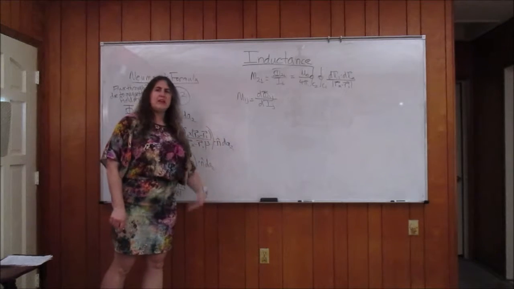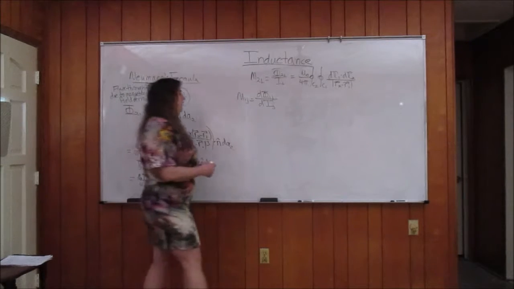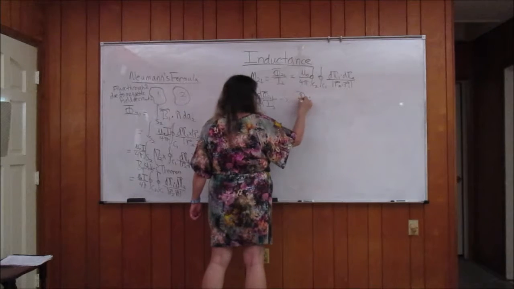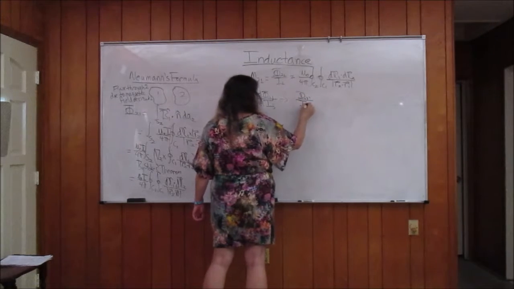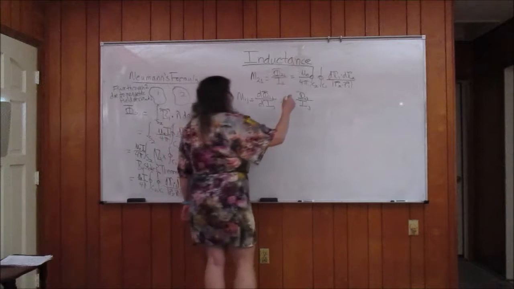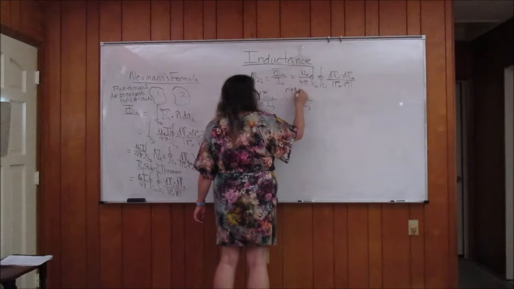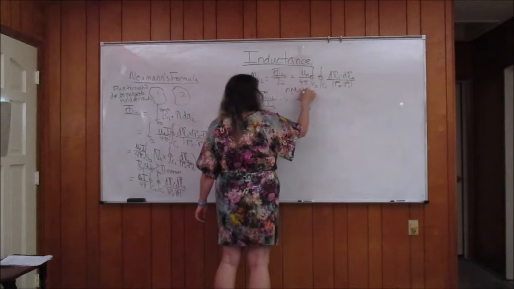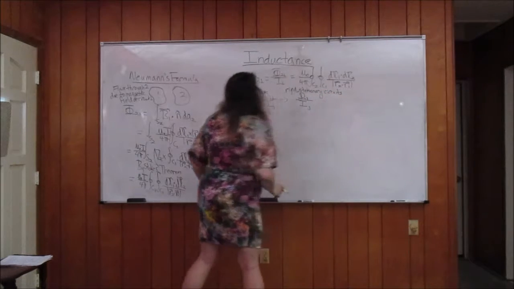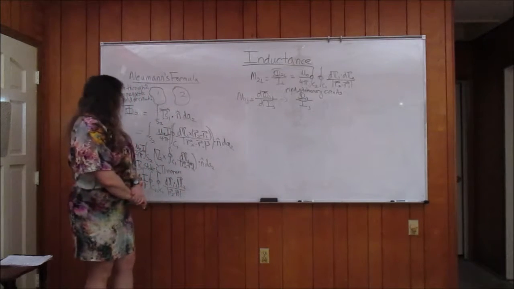If you happen to be dealing with steady currents, rigid circuits, and also we'll add the condition that it has to be in a linear medium, then this just goes over to the magnetic flux divided by the current. Okay, so you've got, sorry, not steady currents, but rigid stationary circuits, then I can replace the derivative with Φ over I. Okay?